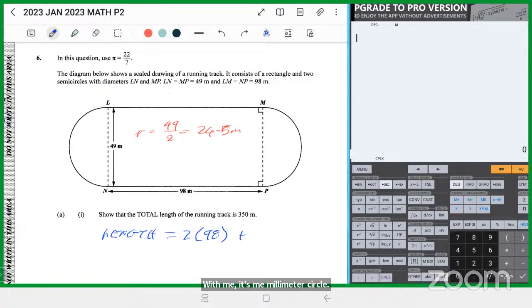Hold on. The same link from the... Hold on a second. Sorry about that. Let me just share this quick. Hold on a second.